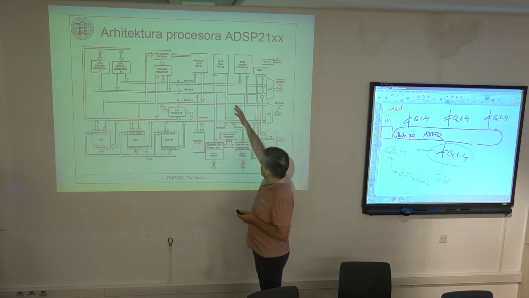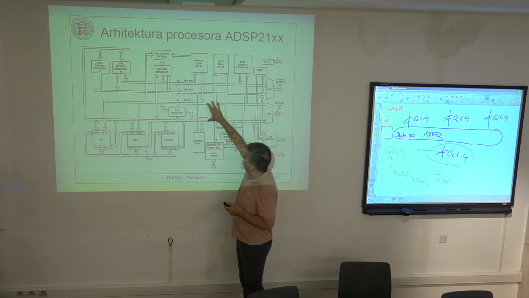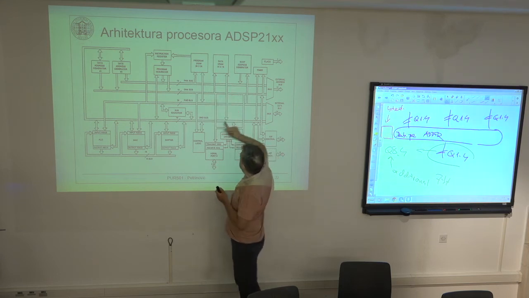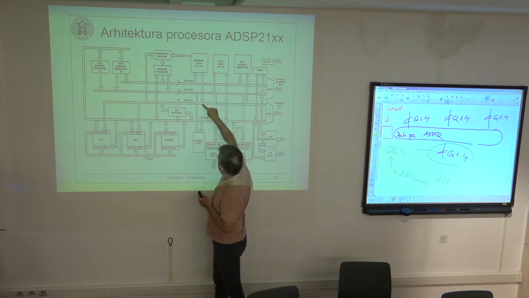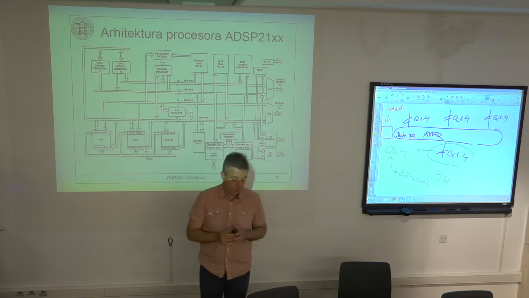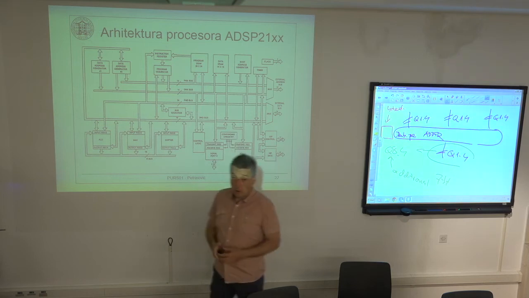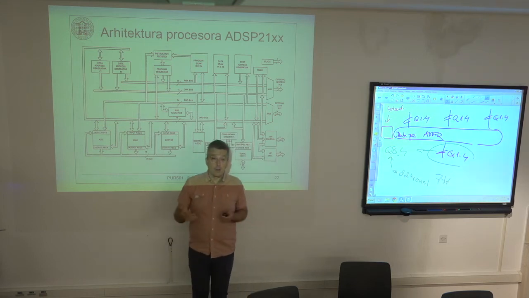And you can see here that you have double data buses and double address buses. So these two are data buses. One is for this data space. And this data bus is for program space, or this shared program and data space. Okay? So we have two data buses. Also, we have two separate address buses.